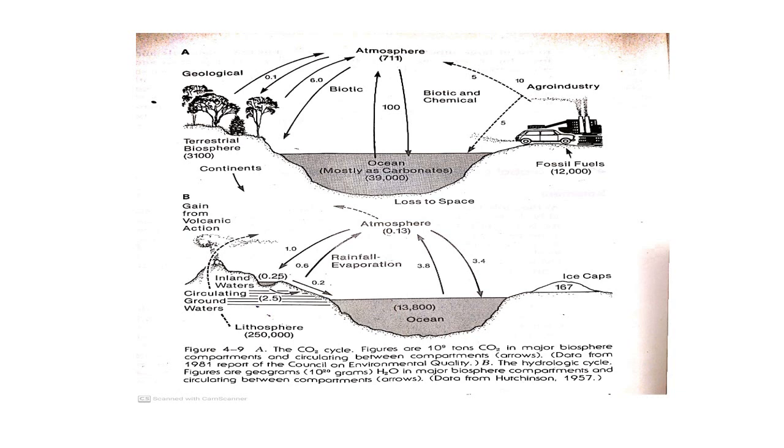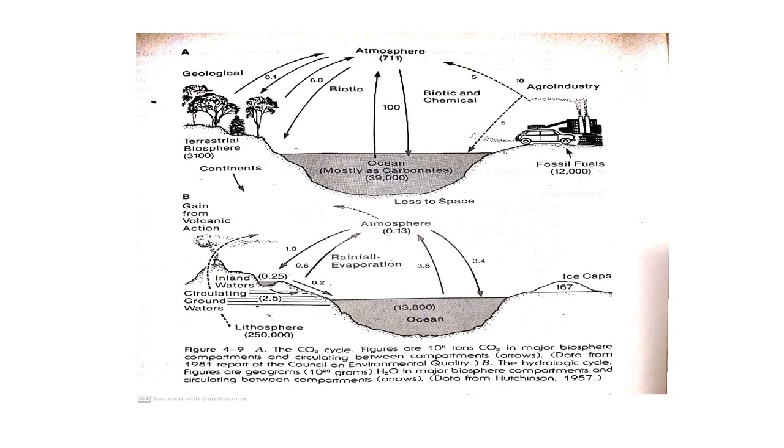Whereas if you consider the hydrologic cycle in figure B, it shows that certain geograms are there in different parts of the hydrologic cycle. In ice caps, some of the water is stored, and the ice caps and oceans are the major reservoirs.